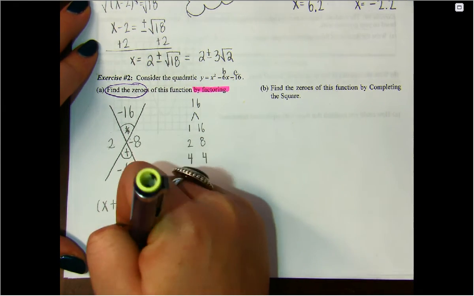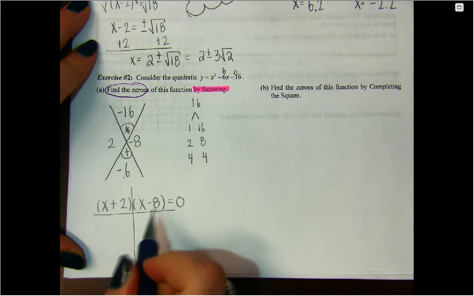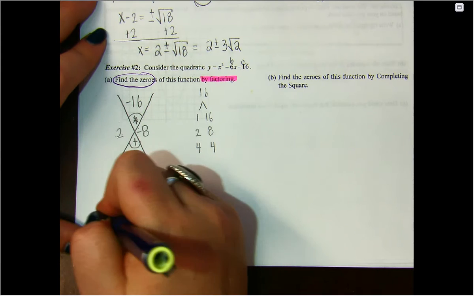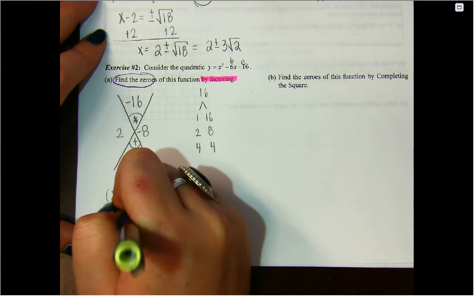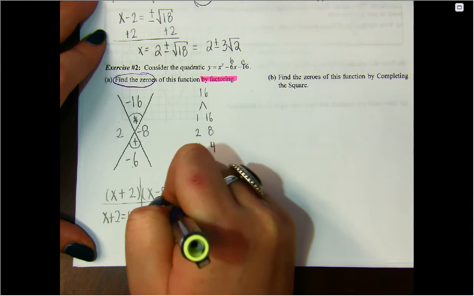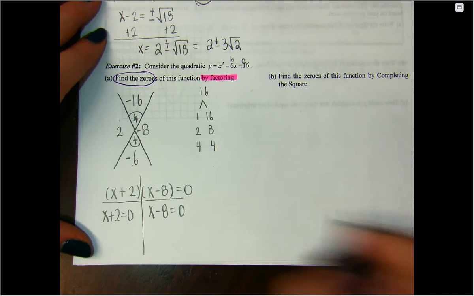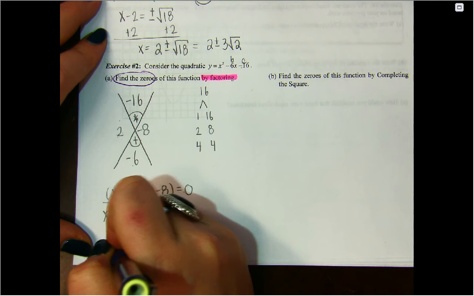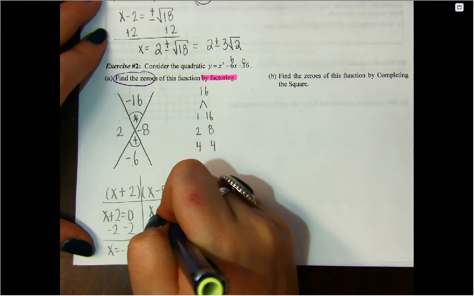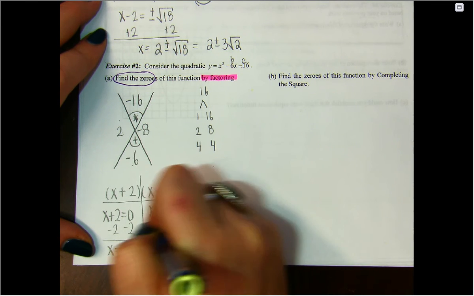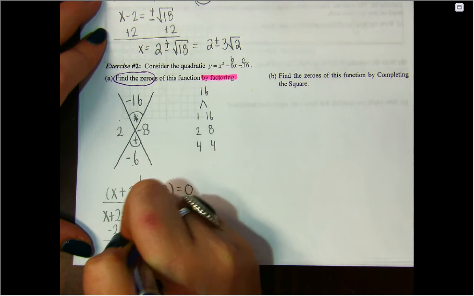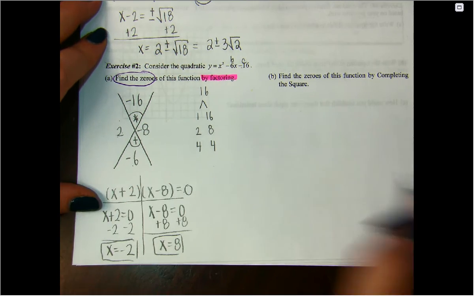And to find that, I use the zero product law, which says if anything is going to be a zero product, either one of them has to be equal to 0 or the other has to be equal to 0. And then I just solve. So minus 2, and x equals minus 2, and then plus 8, and x equals 8. So the zeros of your function are x equals negative 2 or x equals 8.